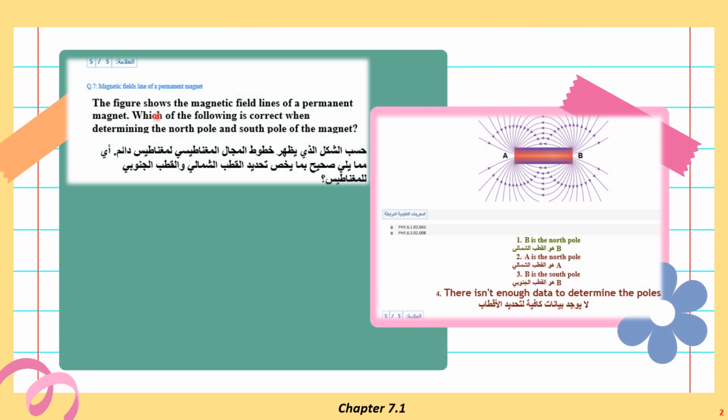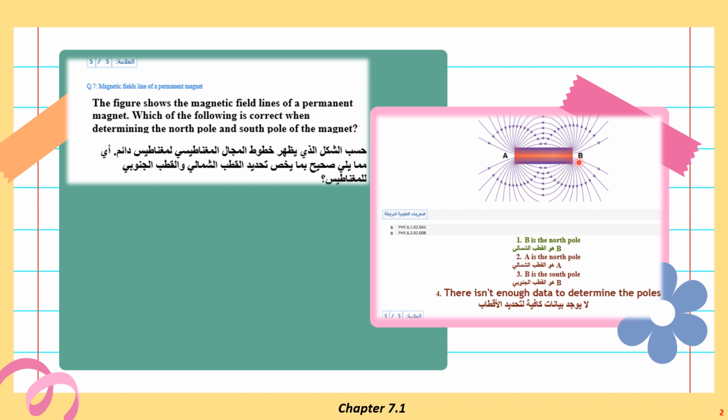The figure shows the magnetic field lines of a permanent magnet, as you see here. Which of the following is correct when determining the north pole and south pole of the magnet? As we know, the north pole and south pole are the two ends of a magnet. The field lines always start from the north and are received by the south pole.